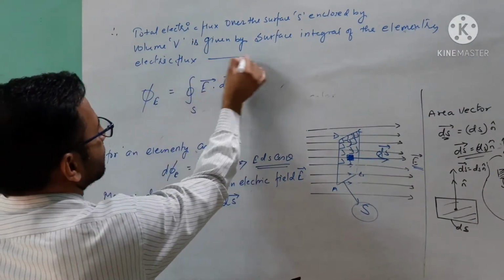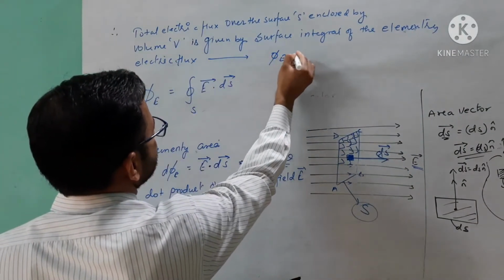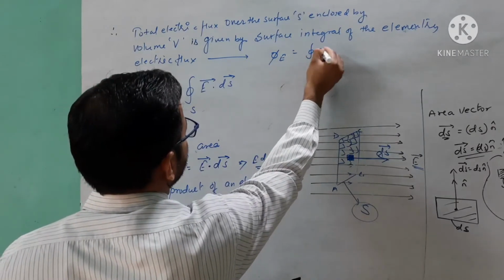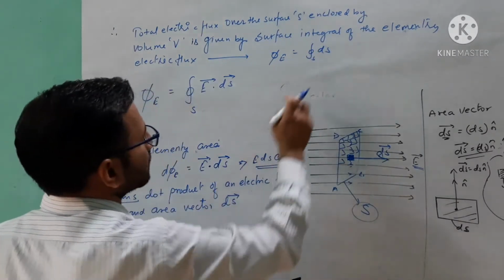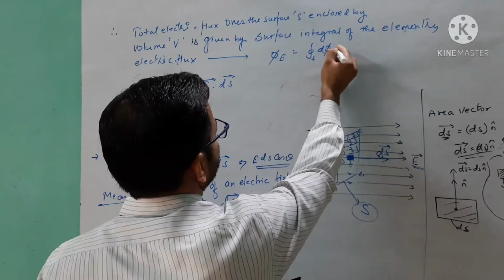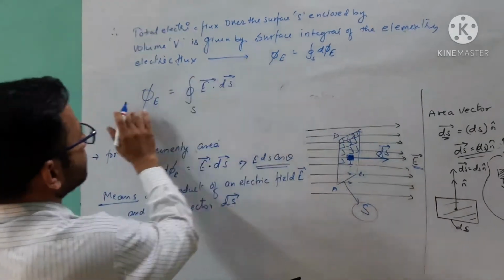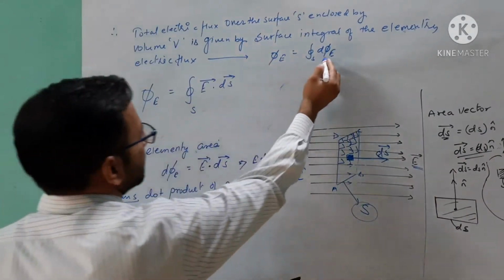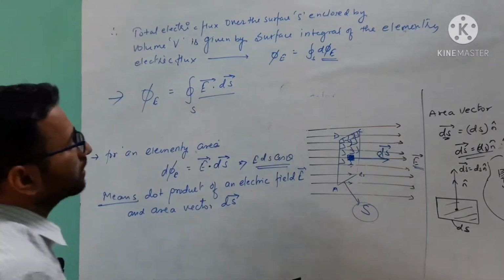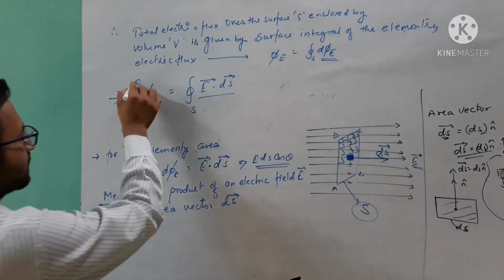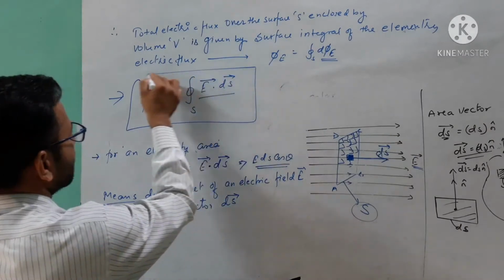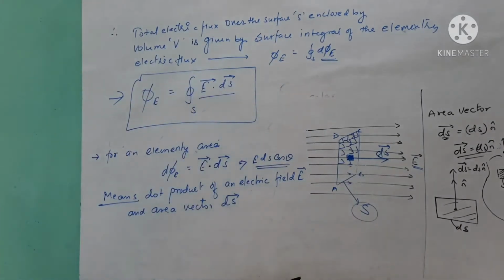We are adding the elementary electric flux, which means we are writing this value like this. Got it? In the next step I will write it like this, because the value of d phi E is equal to E dot dS. So this is the formula for the total electric flux.